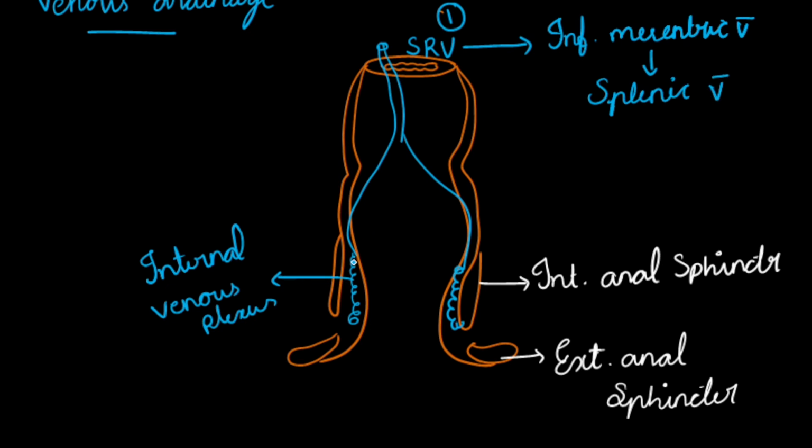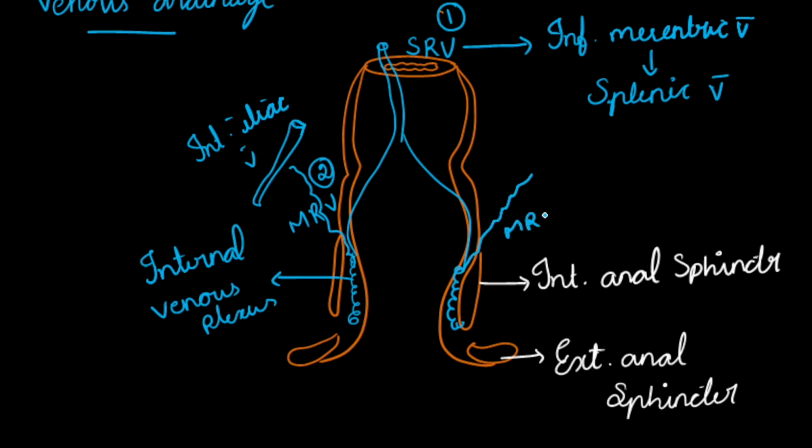Then comes the middle rectal vein, which arises from this internal venous plexus and drains directly into the internal iliac vein. So here the MRV, that is the middle rectal vein, arises and directly drains into the internal iliac vein.